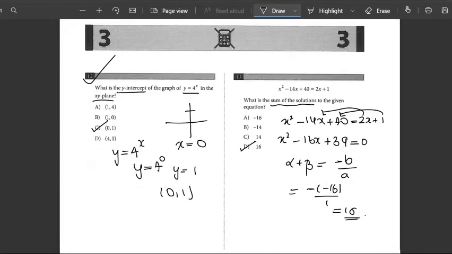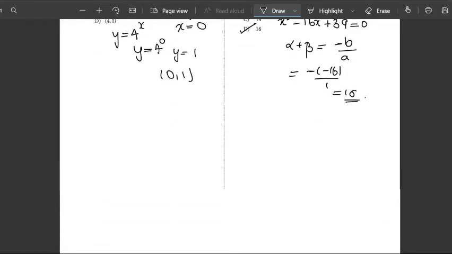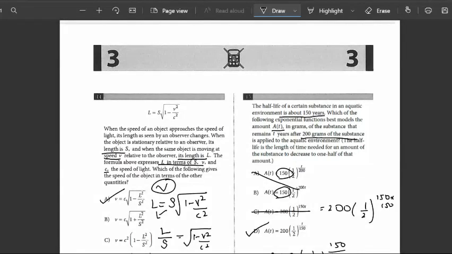Okay, 13 is D, 14 is A, and 15 is D. So those 15 are correct.